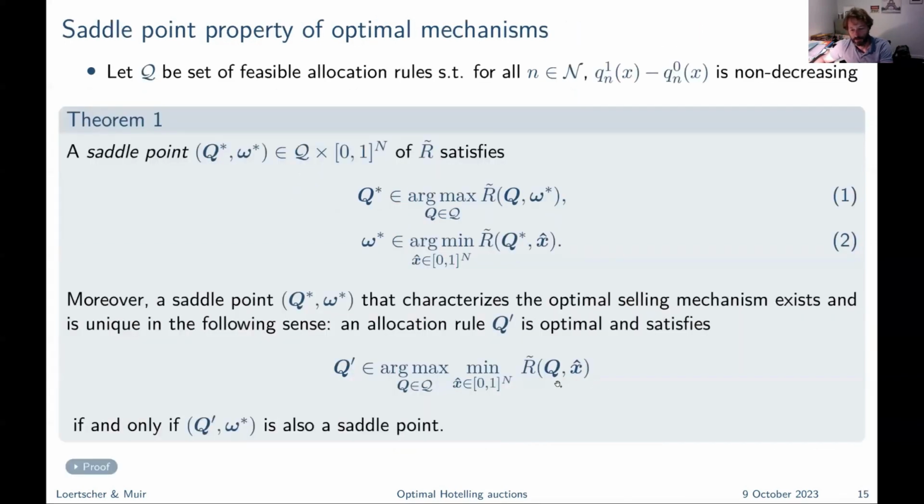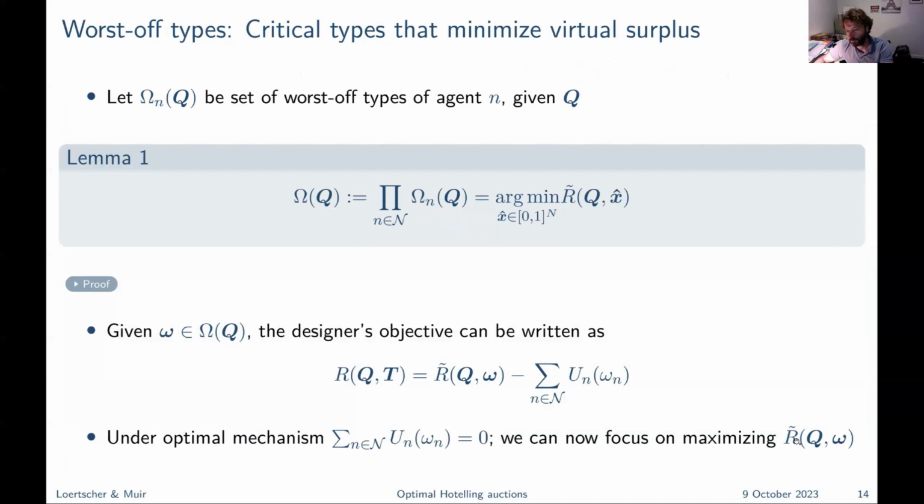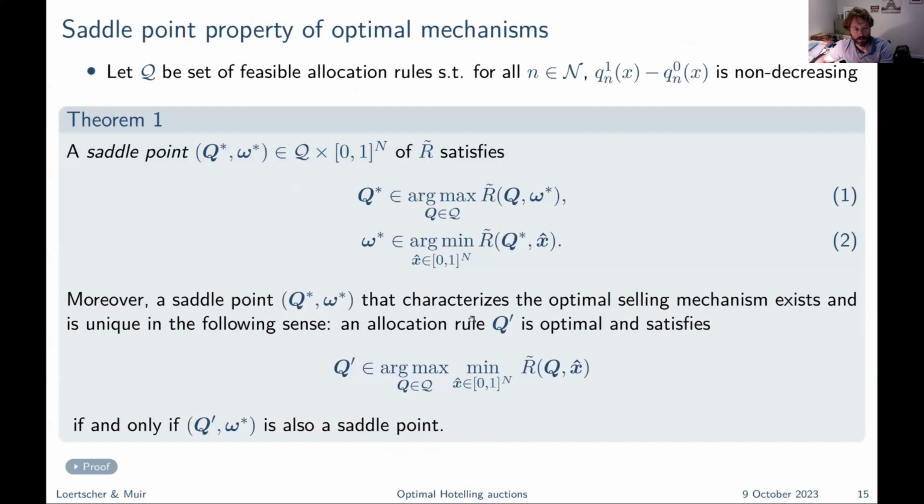And so then the rest of the argument here is to show that as you want to maximize this over Q, accounting for the fact that the omega also is going to depend on the Q. The result here, which mirrors the result in the partnership problem with SEDIC, is that the saddle point Q star, omega star of R tilde is such that Q star is the maximizer of R tilde for a given omega star, and omega star is the minimizer of virtual surplus for a given Q star.